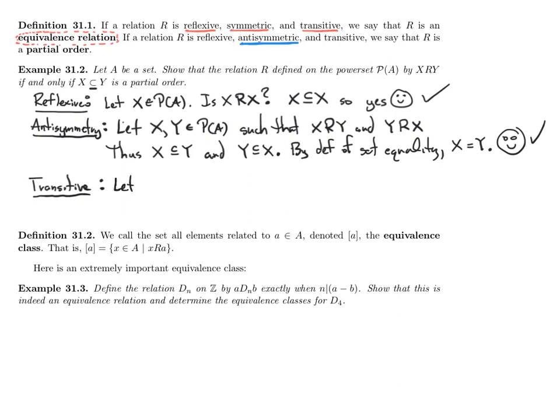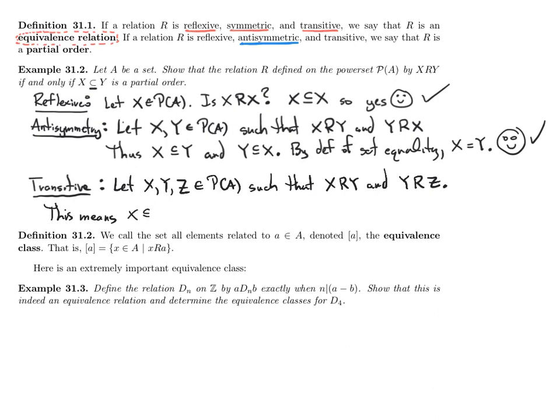Let's call them X, Y, and Z. Let's have them be subsets of A, so they're elements of the power set of A, such that X is related to Y and Y is related to Z. Well, this means that X is a subset of Y, and it means that Y is a subset of Z. And I'll leave it as a little exercise, but I think it's pretty obvious.